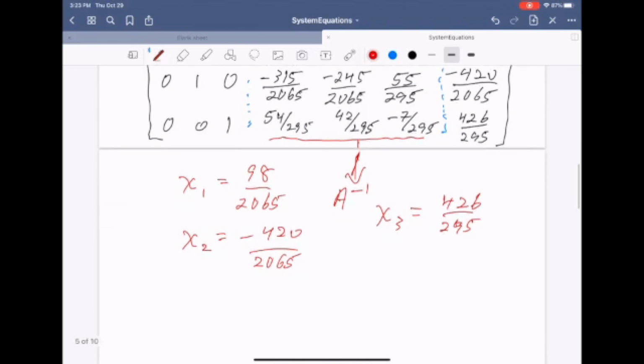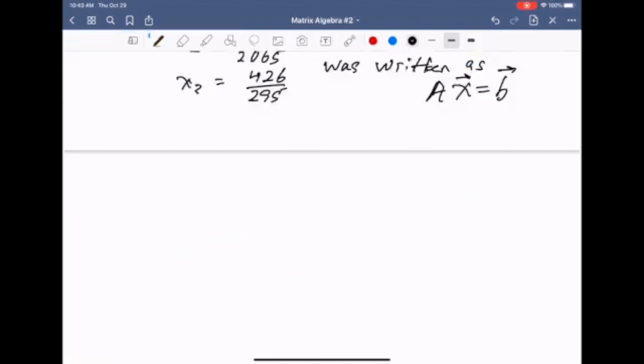And that's the solution. Now, we can write the rank of a matrix. If the rank of a matrix is 0, that means that you've got some kind of a problem and you can't get a solution. So let me just tell you how we find the rank.